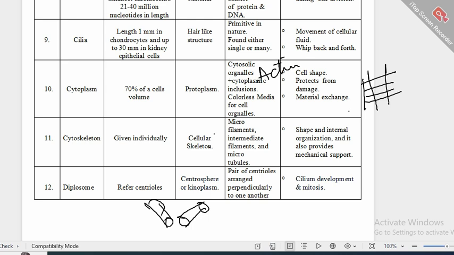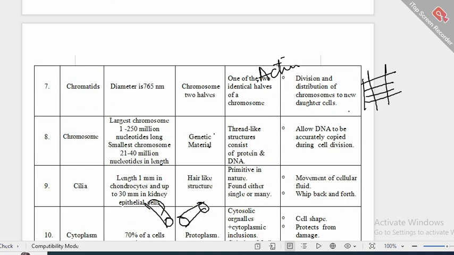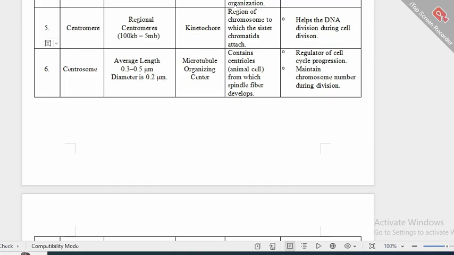Next is the centrosome. The region which contains centrioles in animal cells is the centrosome, and its length is 0.3 to 0.5 millimeter and diameter is 0.2 millimeter, whereas the diplosome is the centrioles arranged perpendicular to each other.